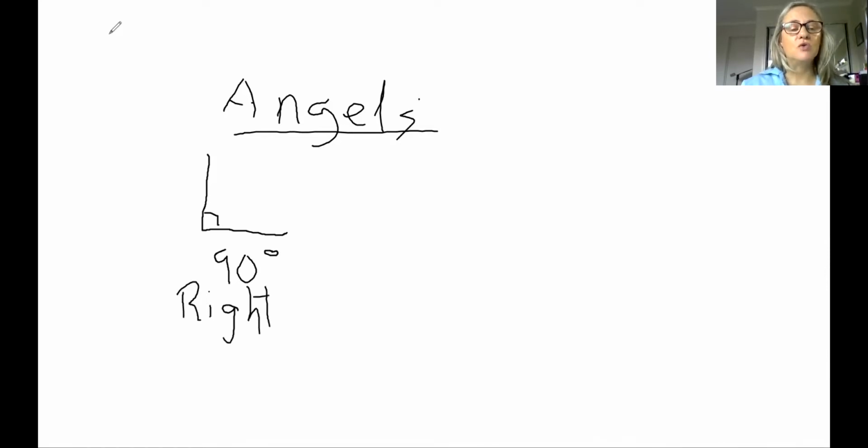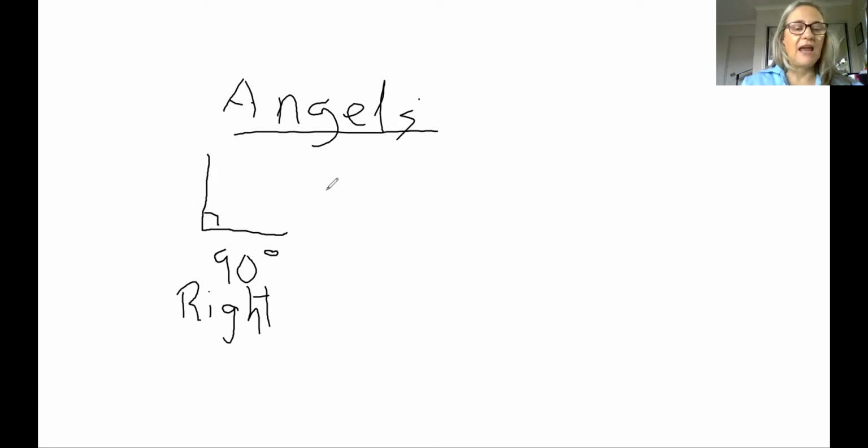The reason it's called a 90-degree angle is that this area here where the little box is, that angle there is 90 degrees. So that's why it's called 90 degrees.